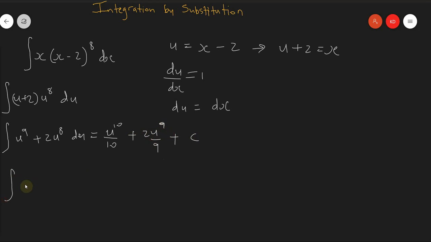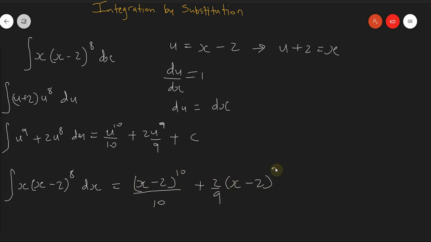Therefore the integral of x bracket x minus 2 to the 8 dx would simply be x minus 2 to the 10th power divided by 10 plus 2 over 9 times x minus 2 to the 9th power plus c. Great. And we have covered a few problems.